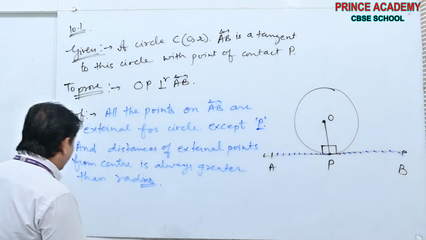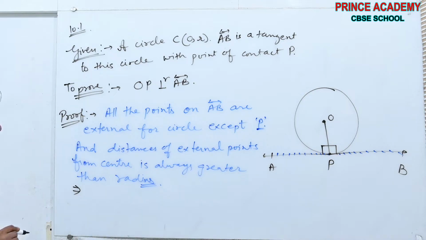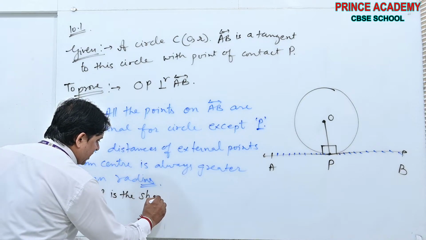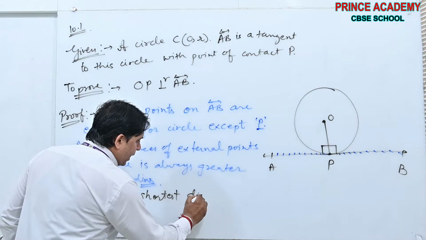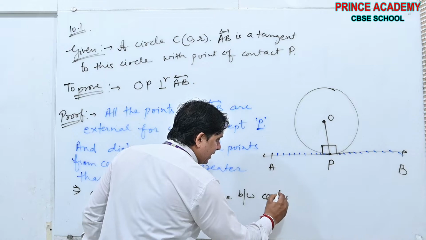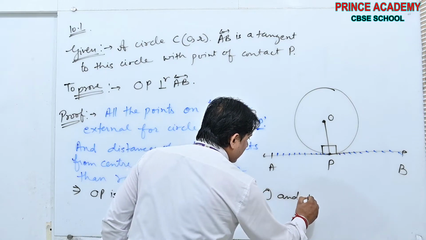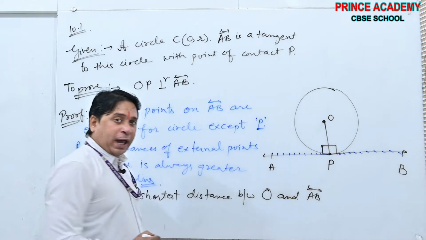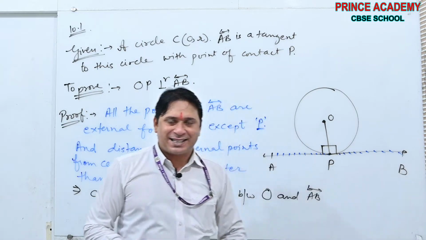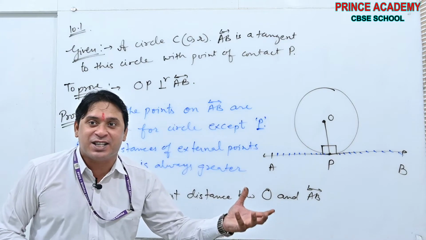Okay, what this implies? This implies that OP is the shortest distance between the center O and AB. And what is the shortest distance?